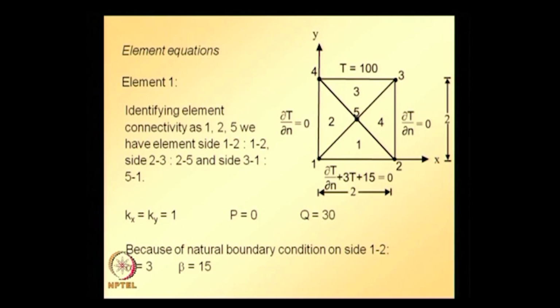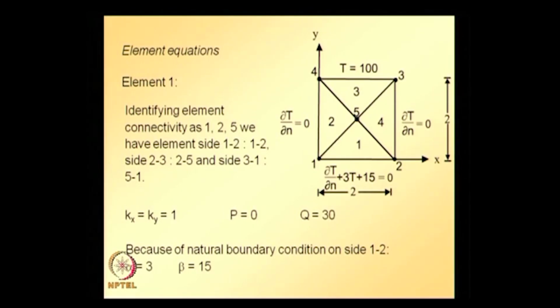and alongside 1 2, if you see this element 1, only alongside 1 2 is a natural boundary condition specified, and on side 2 5 and 5 1 no natural boundary condition is specified.